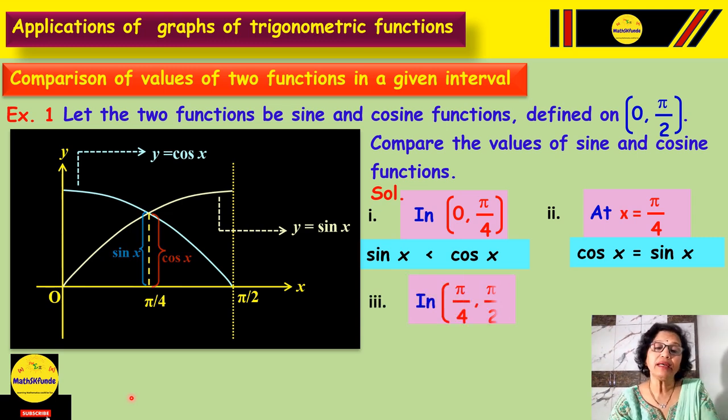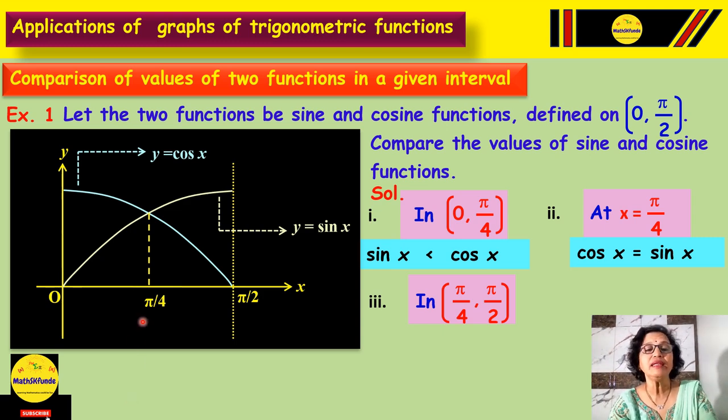Now go further and take the third case. The third case is that we are observing the graphs in pi by 4 to pi by 2, this region. So my x would be somewhere between pi by 4 and pi by 2. Now do a similar exercise. I'm showing that green part as the length of cos x because that green dotted line meets the curve y equal to cos x.